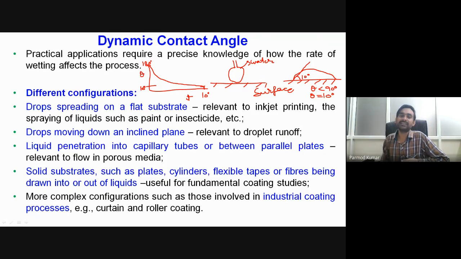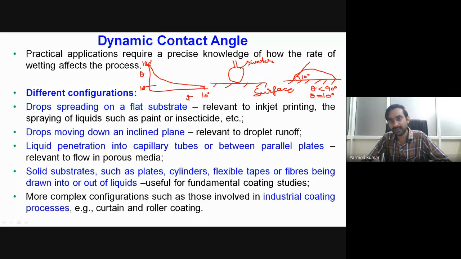Our contact angle changes from the initial value of 180 degrees to the final value of 10 degrees. And while the contact angle is changing from 180 to 10 degrees, the contact line is also advancing in the radial outward direction.